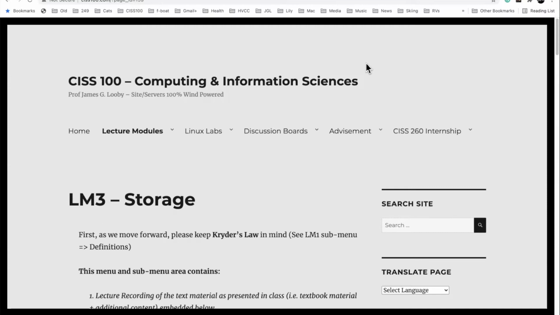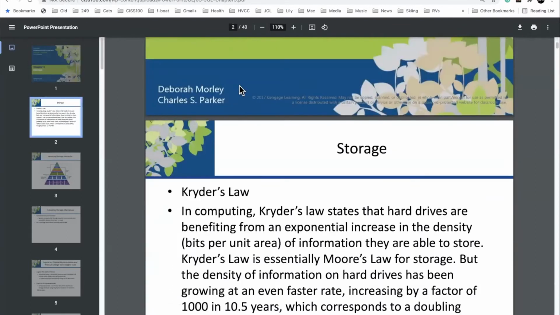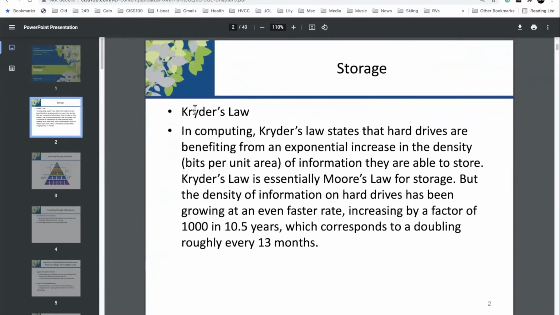So I'm going to begin with the textbook information, of course, chapter 3 from the Understanding Computers textbook. I'm going to jump right in. Not in the textbook, as previously presented, is Kryder's law. We know about Moore's law. That was in the textbook.